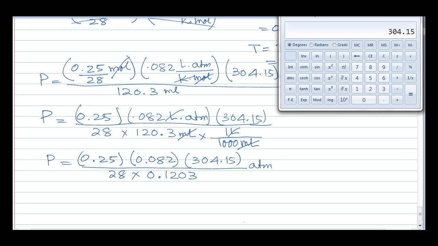Let me calculate the value using a calculator. So I have 0.25 times 0.082.